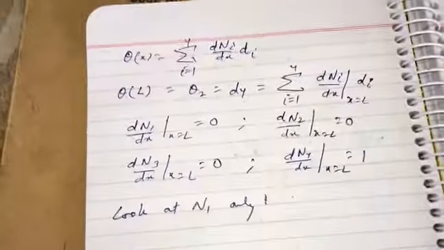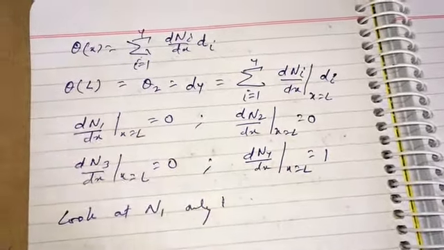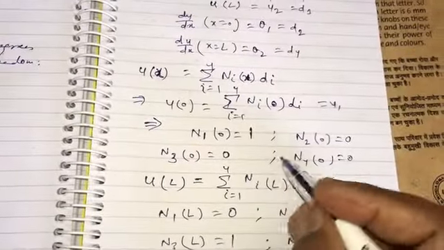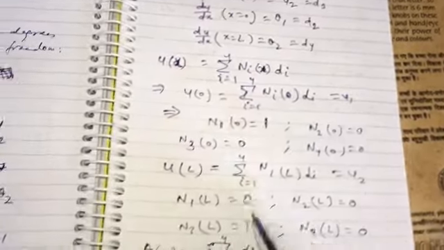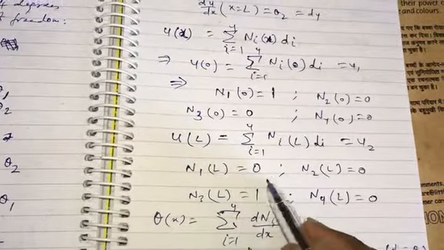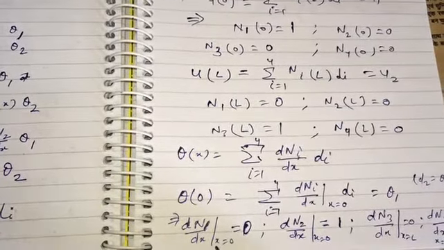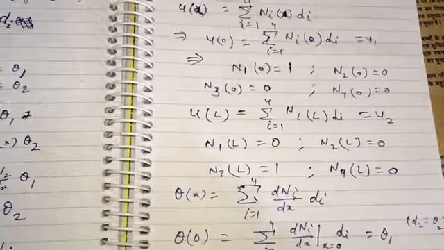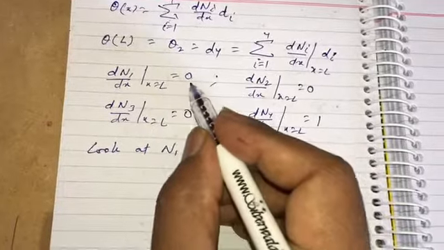So if we just look at N1 in all the four sets of equations, we have N1 at x equal to 0 is 1, N1 at L equal to 0, then dN1 over dx at x equal to 0 is equal to 0, and last is dN1 over dx at x equal to L equal to 0.